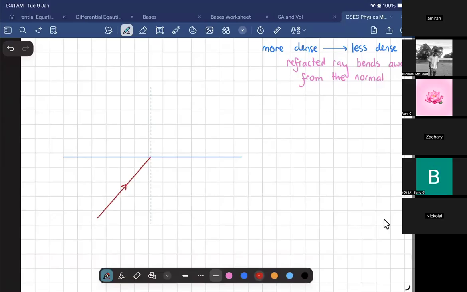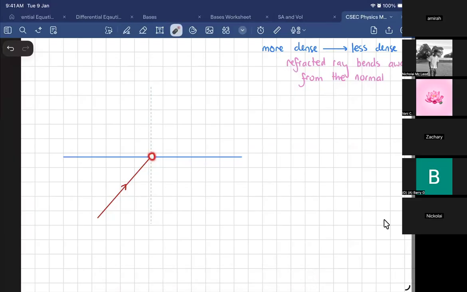What is this over here? The incident ray. Yes. Do you guys know why I'm calling that the incident ray? Because the arrow is pointing in that direction, towards the optical center.